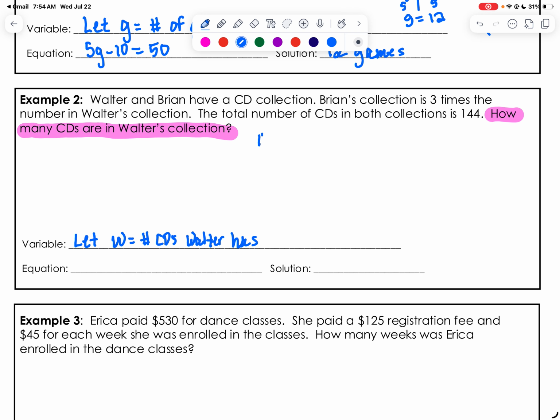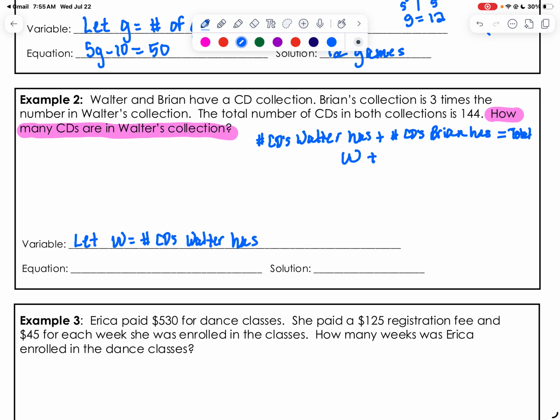So I'm going to say the number of CDs Walter has plus the number of CDs Brian has is equal to the total. All right. So we're going to let the number of CDs that Walter has be W.